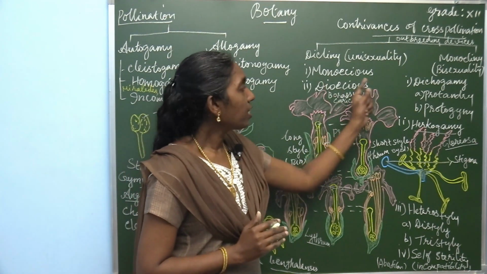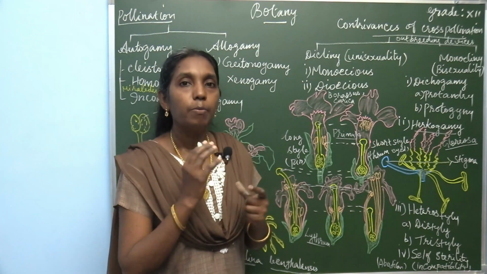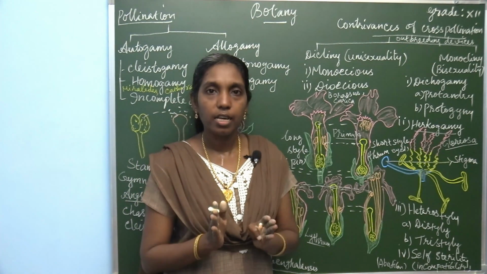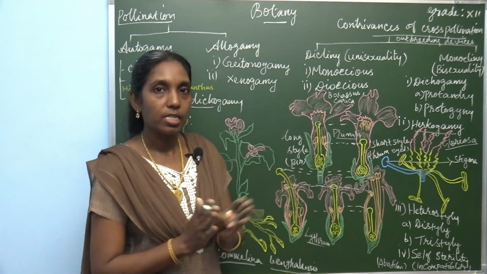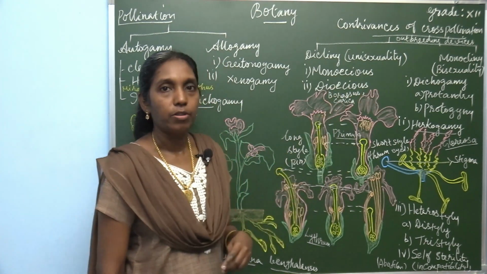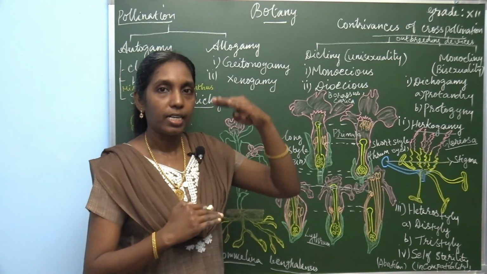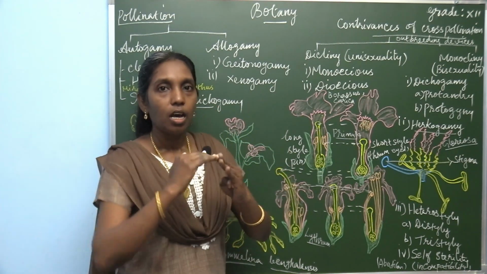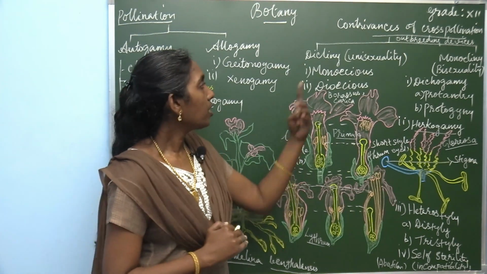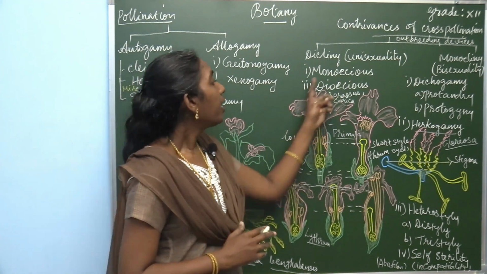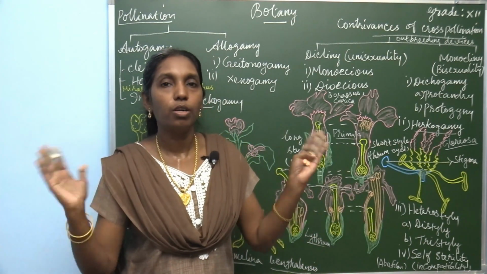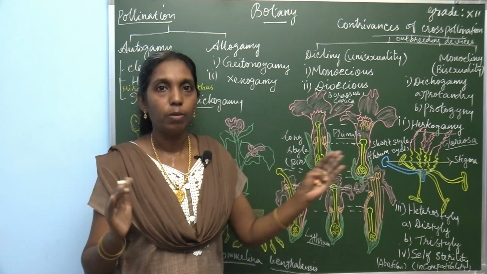In monoecious, the male flower and the female flower are present within the same plant. The plant is the same but the flowers are different, male and female flowers separate. Example, Ricinus communis, where the upper part of the rachis in the inflorescence produces female flowers and the lower part produces male flowers. That is a monoecious condition. Dioecious: two different plants produce two different types of flowers, male in one plant, female in another.